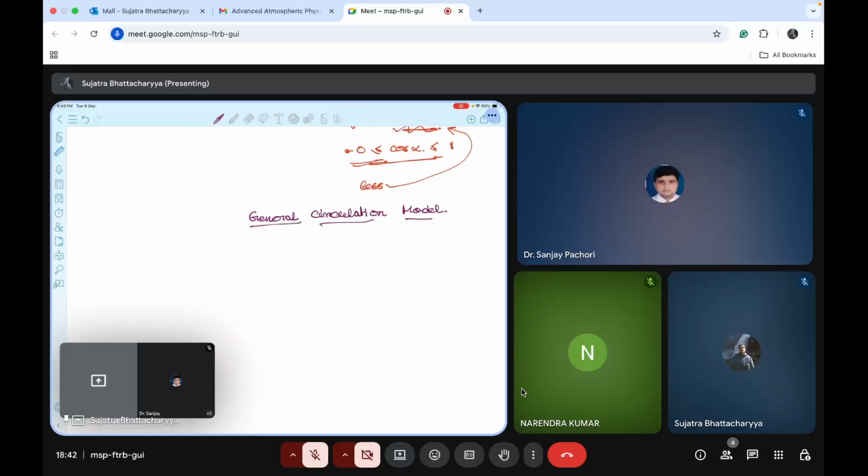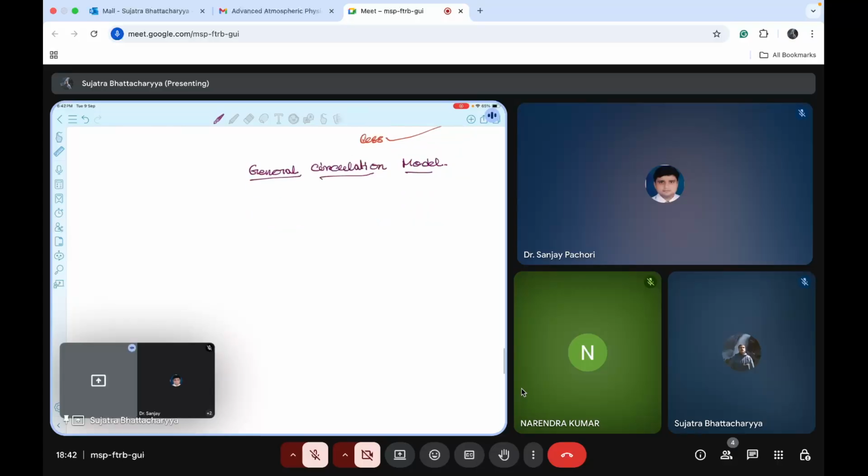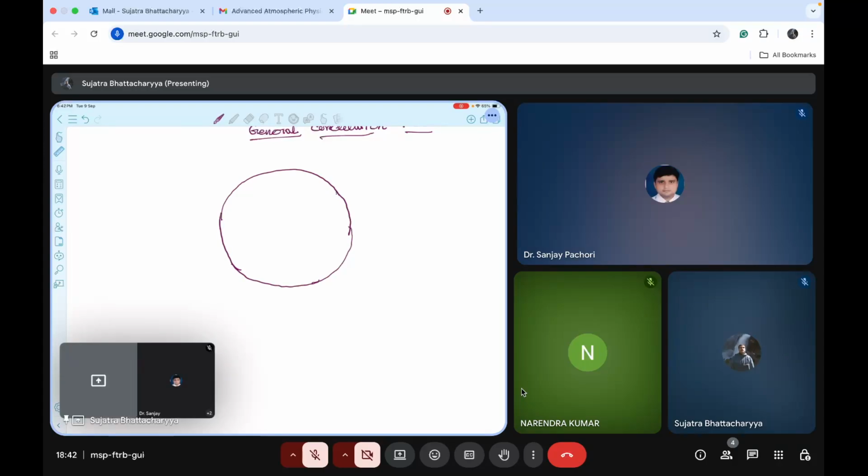Okay, so let's come to the general circulation model. So I have to make, okay, so this is the Earth, and in the center you have this equator, and I will take a latitude, say 35 degrees north and 35 degrees south.